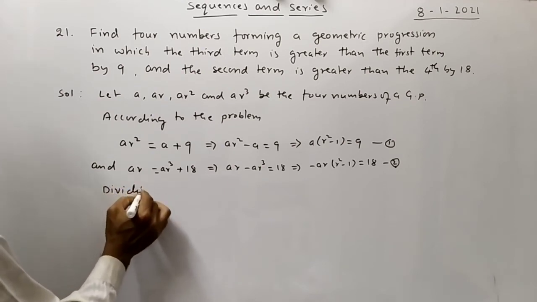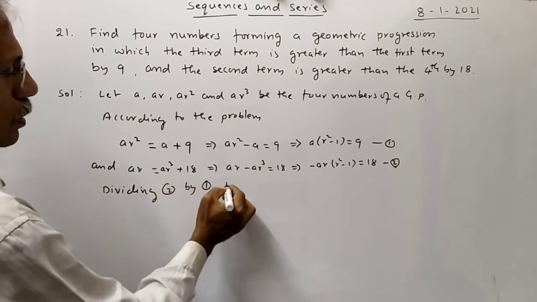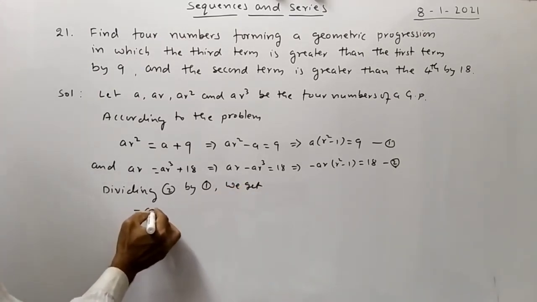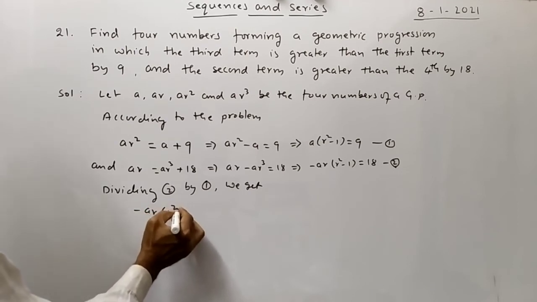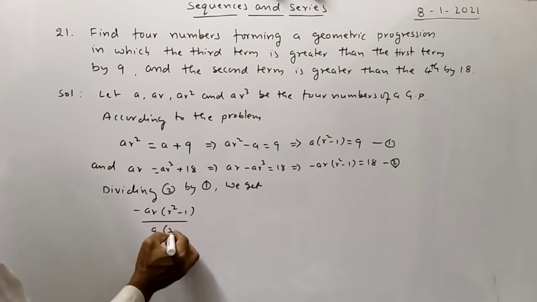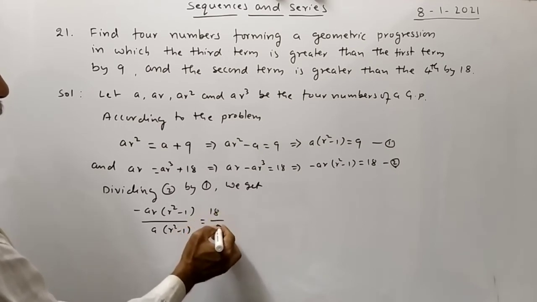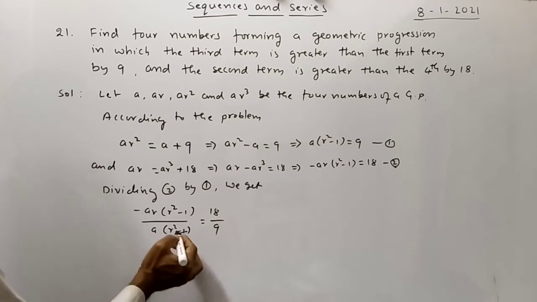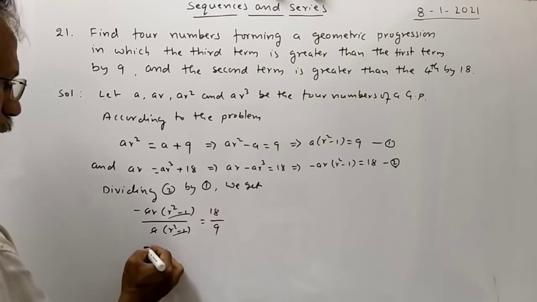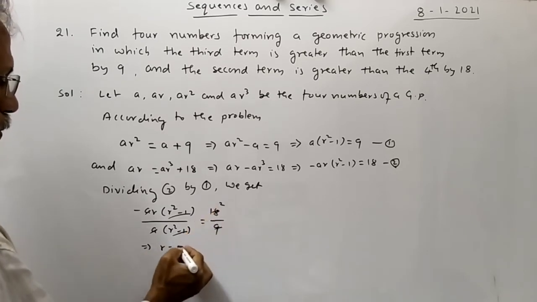Dividing 2 by 1, we get minus AR into R square minus 1 divided by A into R square minus 1 is equal to 18 divided by 9. This implies R is equal to minus 2.